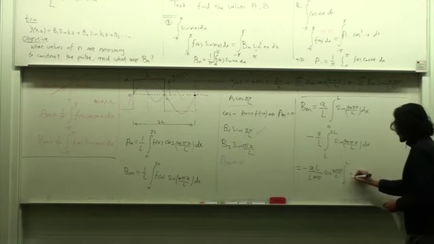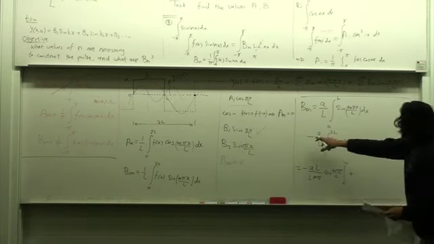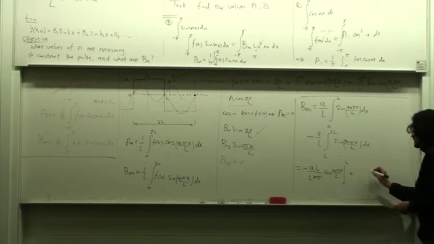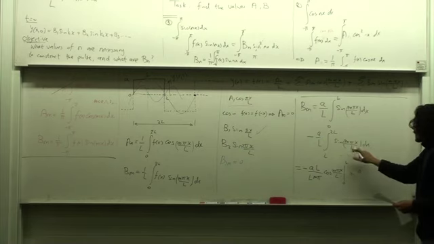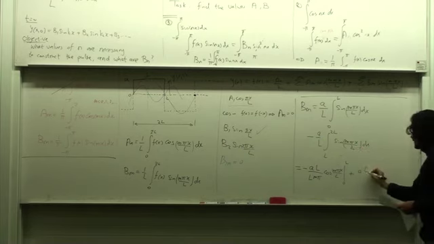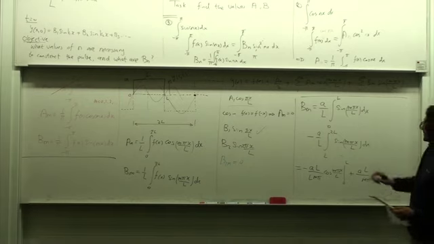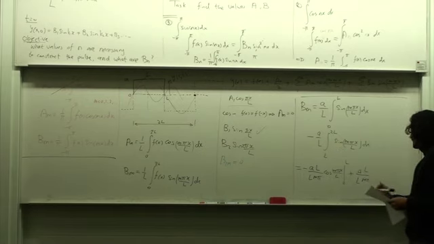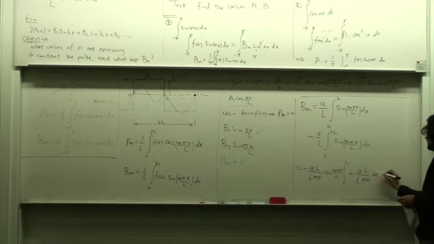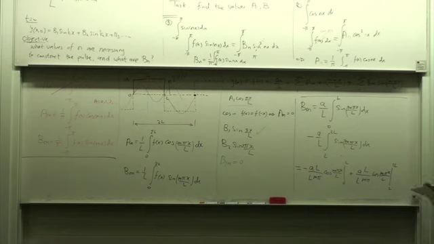Plus, in a similar way, this is with a minus, now it would be with a plus. I get L over m pi, and we had the L, where was it? Yeah, here. Cosine m pi x over L, between L and 2L.